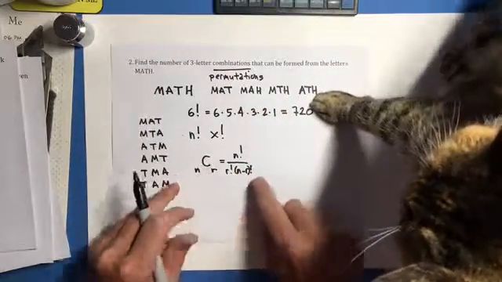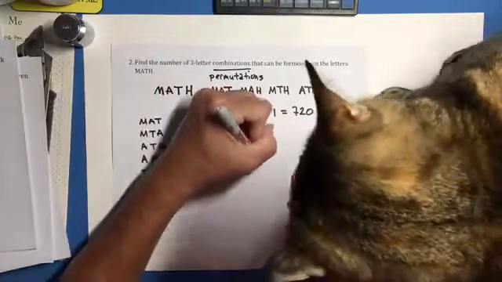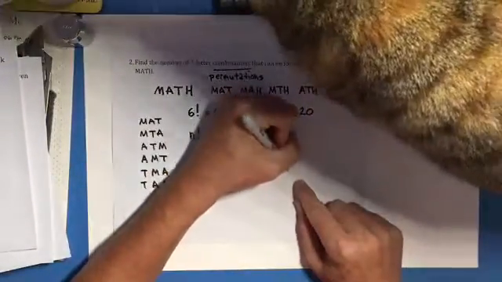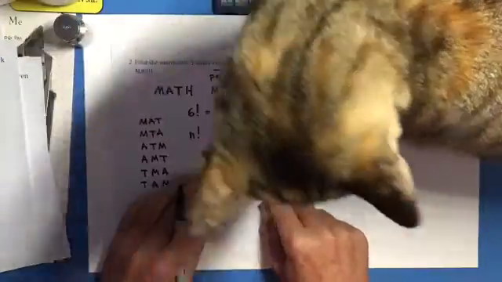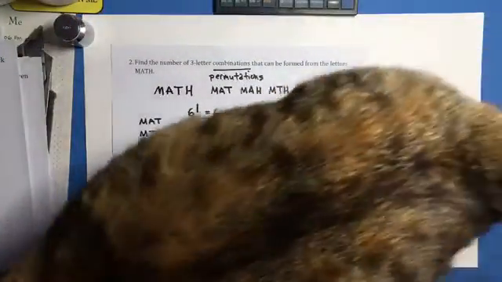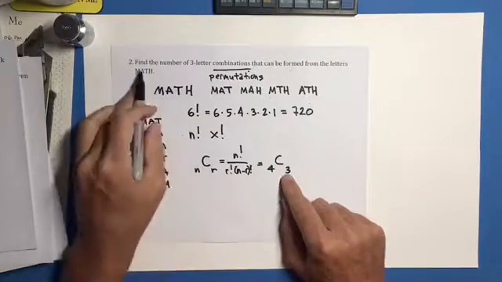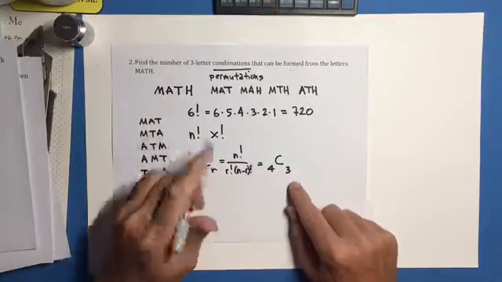Well, n choose r. So to do this problem, we would say that is going to be C, 4 choose 3. I have 4 letters. I need to choose 3 from those 4.